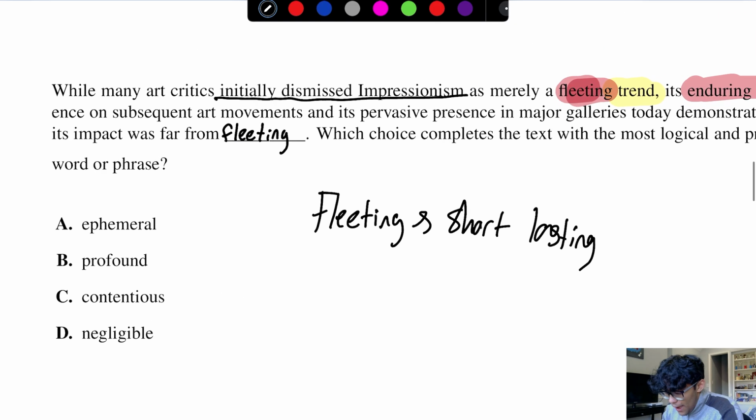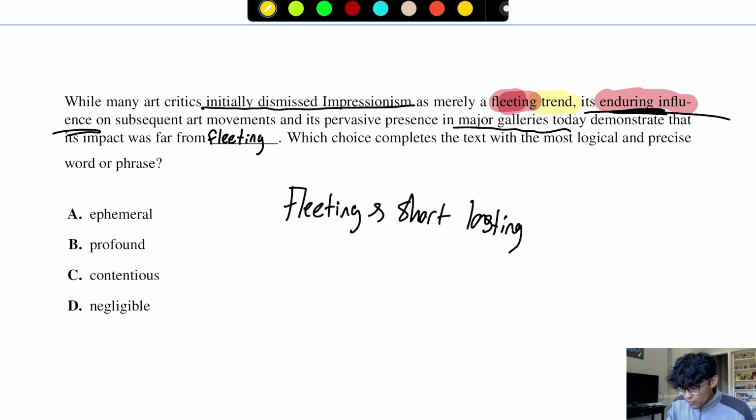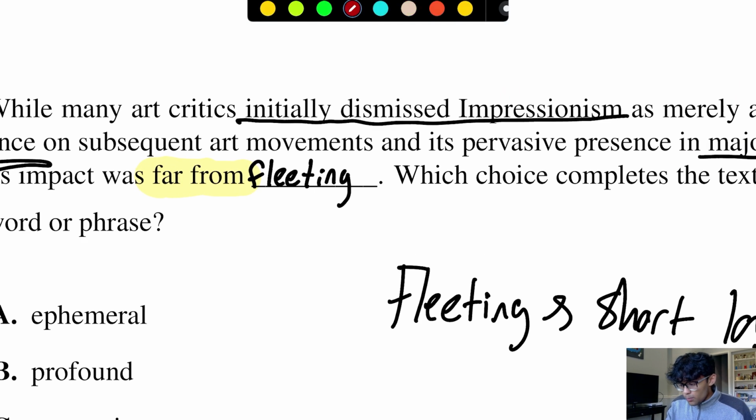B is profound. So, in major galleries today demonstrate that the impact was far from profound. Well, that's the opposite of what is true, right? It's enduring. It has an enduring influence. So that means that it was pretty important. So we also need to take note of this far from. Far from basically means that whatever word is in the blank here, you take the opposite of that word.